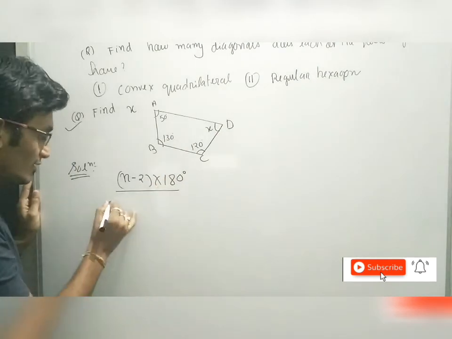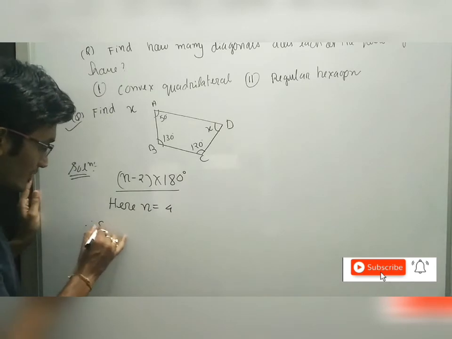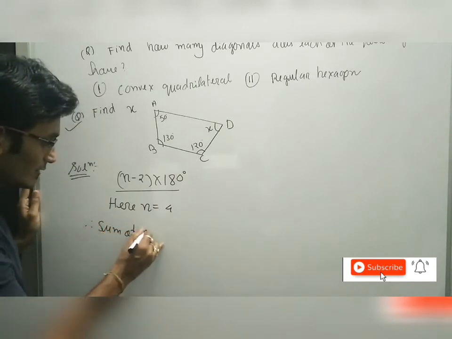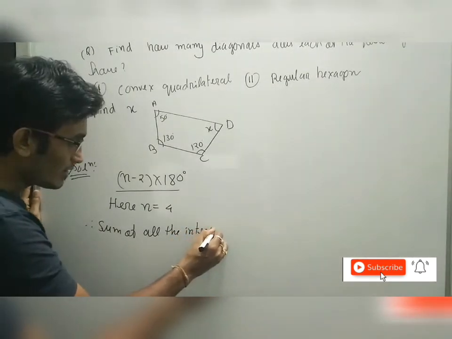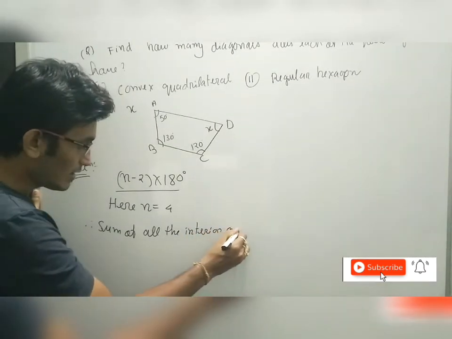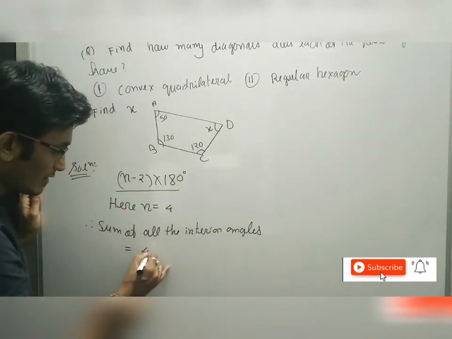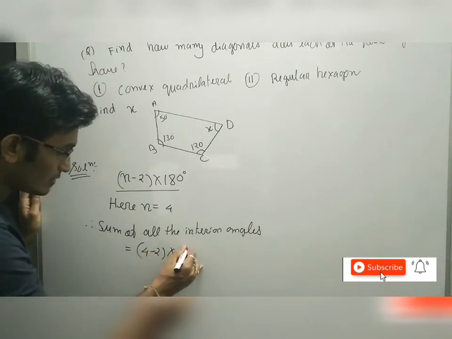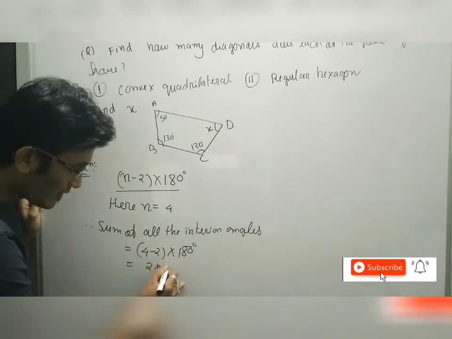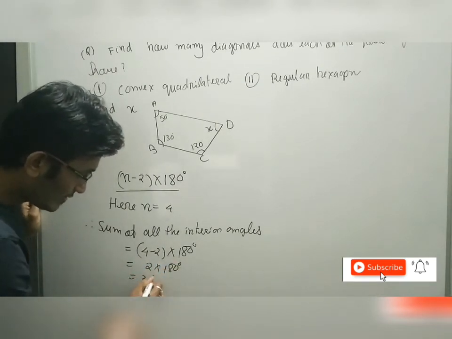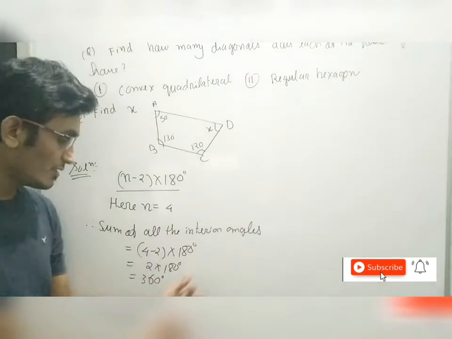There are 4 sides, so n equals 4. The sum of all the interior angles is (4 minus 2) into 180 degrees. 4 minus 2 is 2, and 2 into 180 degrees is 360 degrees. The sum of all the interior angles is 360 degrees.